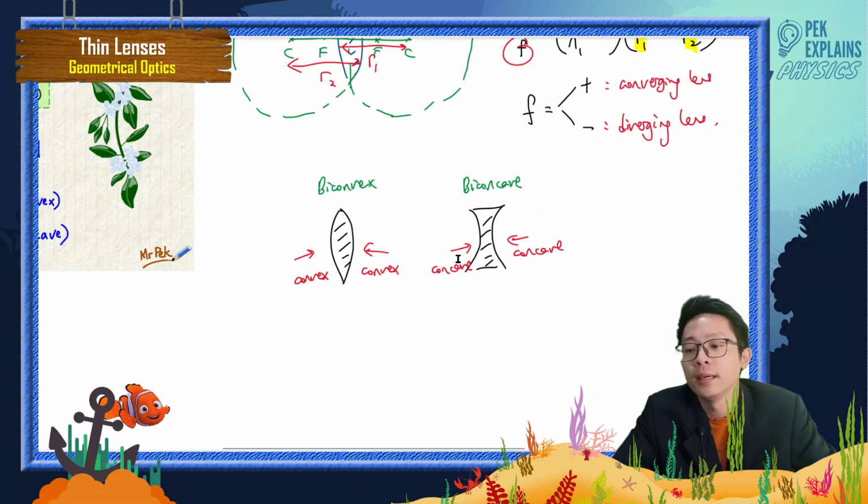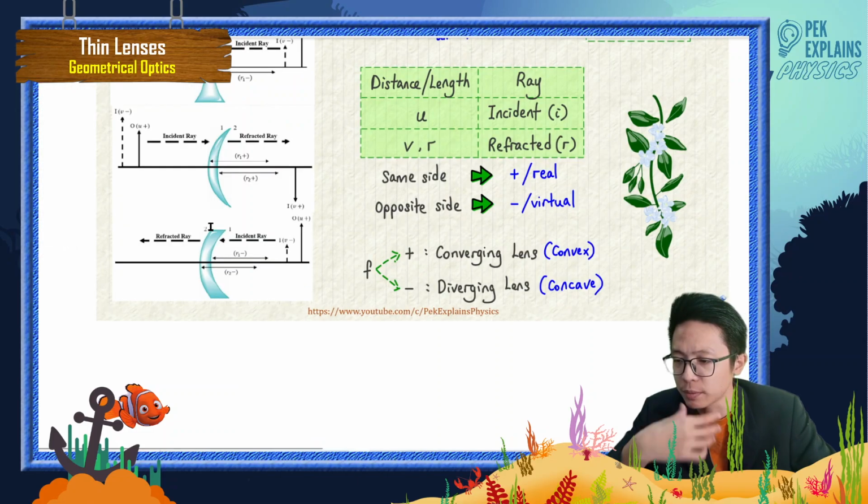Now I have another one. What's the difference between these two? This is a convex meniscus, and this one is a concave meniscus.